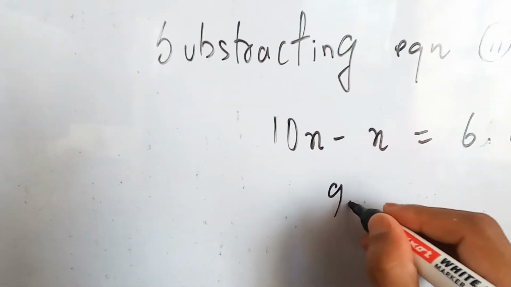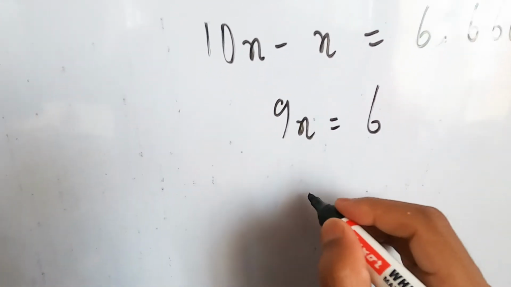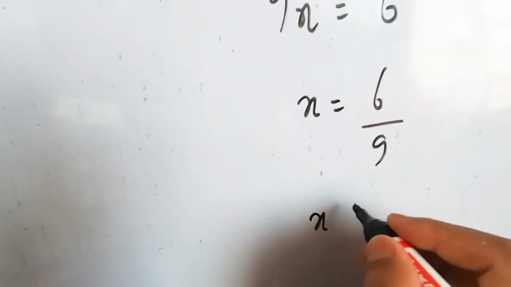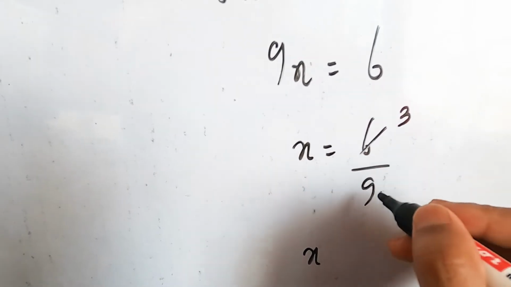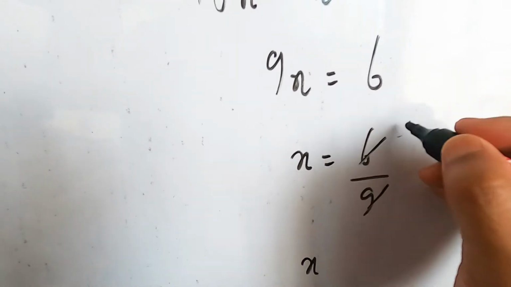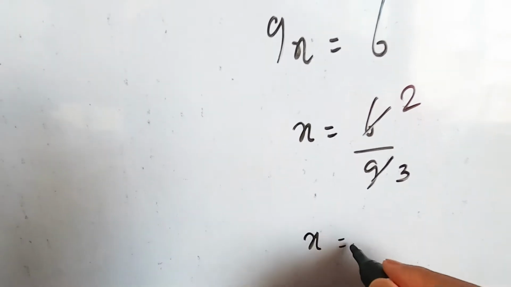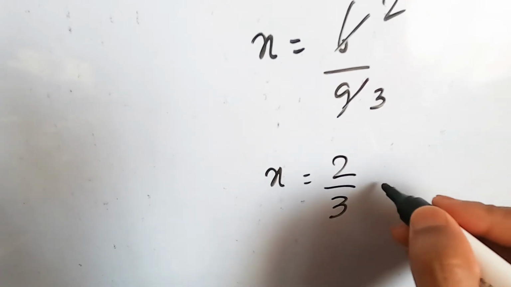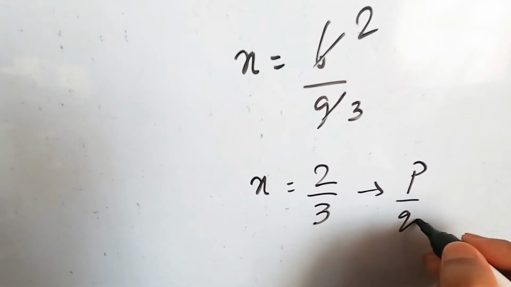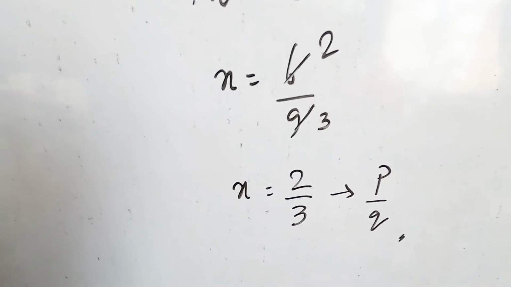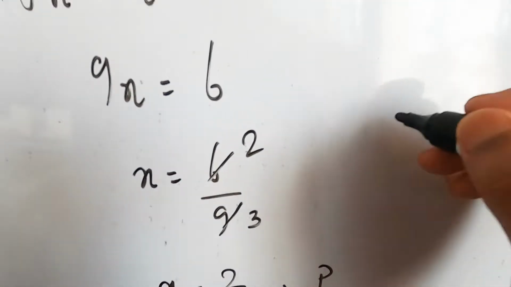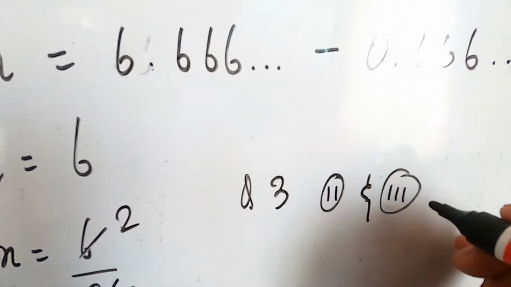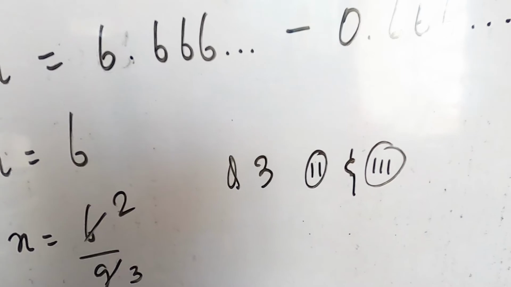Therefore 9x is equal to 6, so x is equal to 6 by 9. 3 2s are 6, 3 3s are 9, so x will be 2 by 3, which is of the form p by q. So this will be your answer. And for question number 2 and number 3, you do it by yourself, exactly the same.